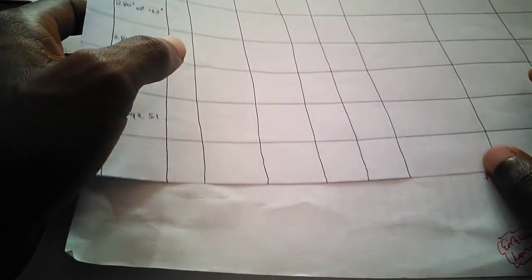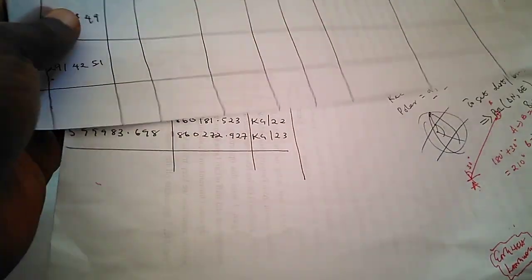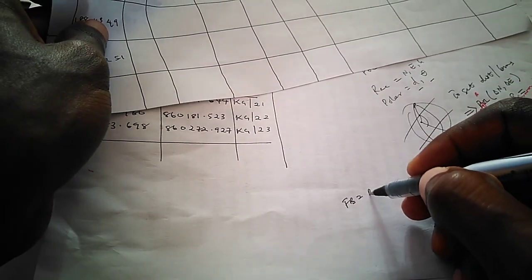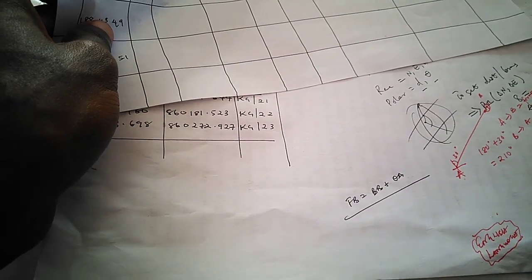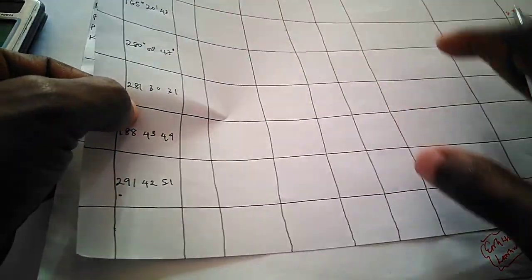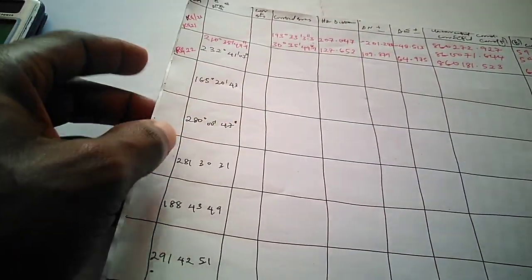Now, what's the idea or what's the formula for getting your forward bearing? It's very simple. Your forward bearing is equal to your back bearing plus your observed angle. So with this we are going to compute the forward bearings for each of the stations we have there.